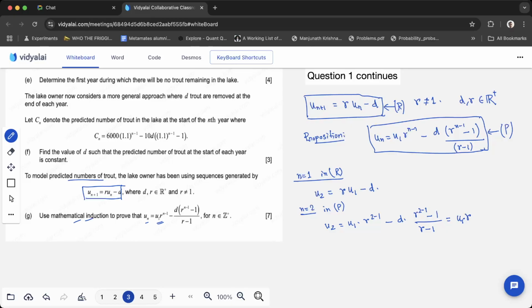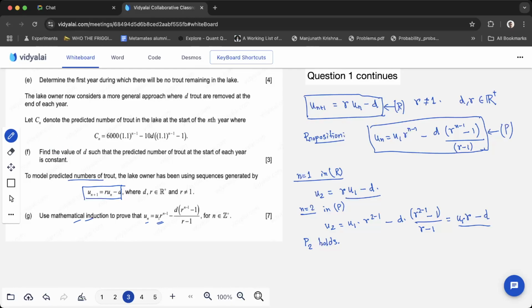And in the second term, the numerator r minus 1 and the denominator r minus 1 are equal and cancel. That's how we get u1 times r minus d. So we do observe that the proposition gives us the same answer as the recurrence relation. So we can say that P2, the proposition at n equals 2, holds.